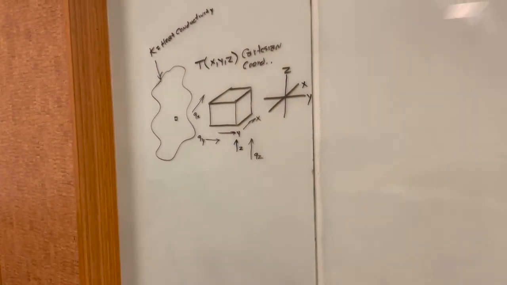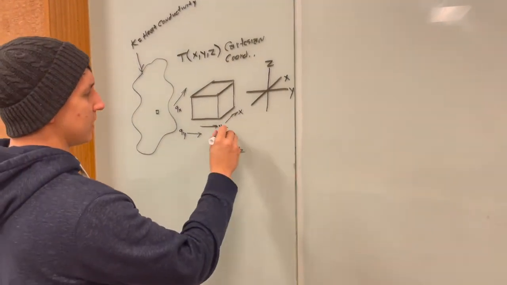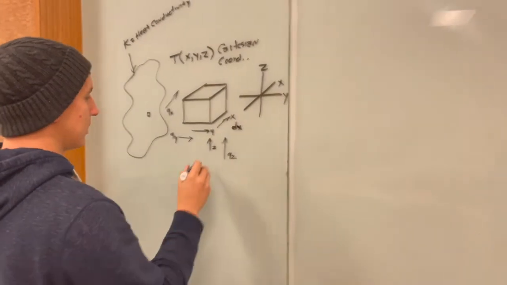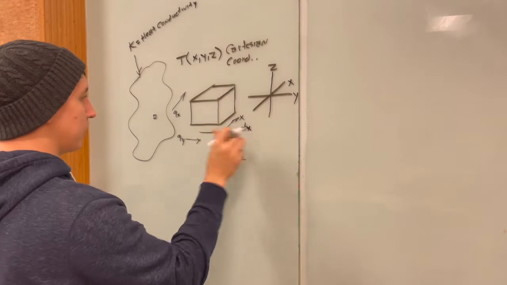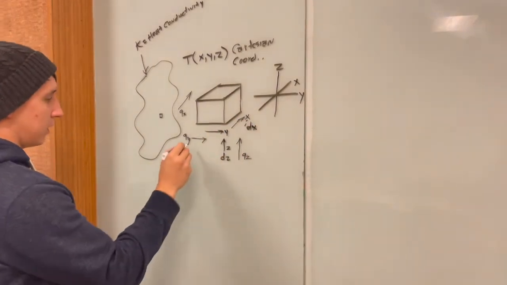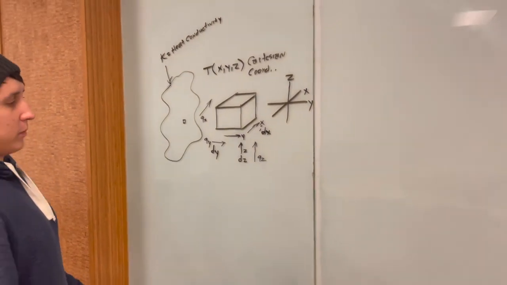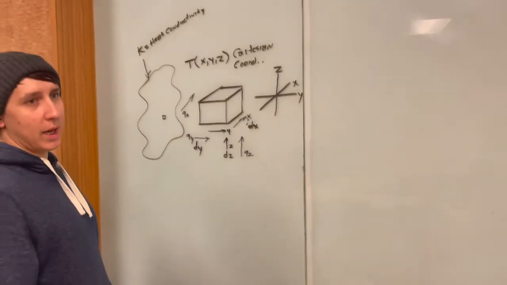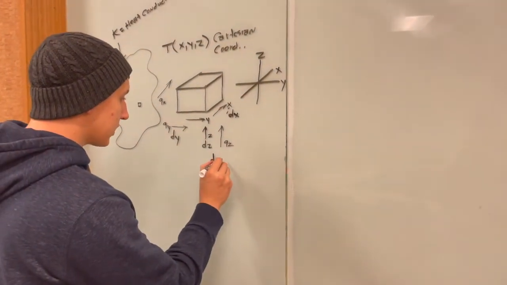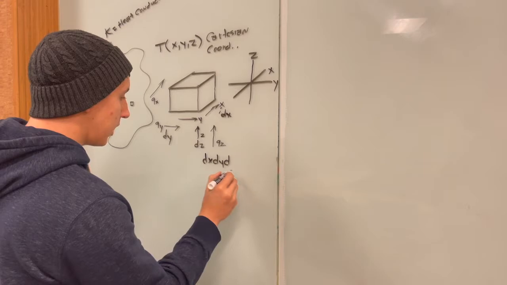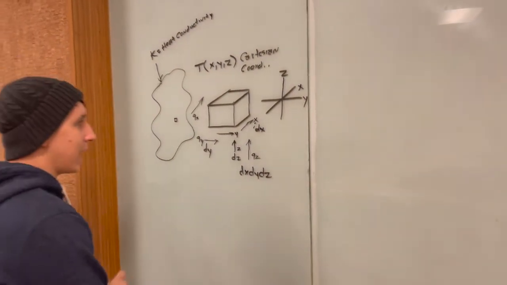Since this is a differential volume, we can say that this is going to be dx, this right here going up is going to be dz, and then we can have a dy. So what is our volume going to be? Well, length times width times height, dx, dy, and dz.